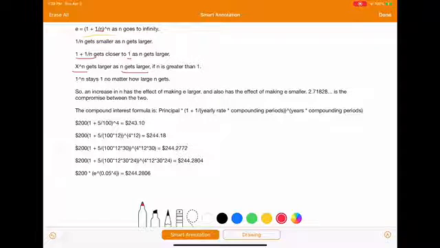The n in the denominator of the fraction, as that gets bigger, it makes the number raised to the power smaller, and the n, which is the power, as that gets bigger, it makes the whole number bigger. And the compromise between these two, the balance, is something like this small number.